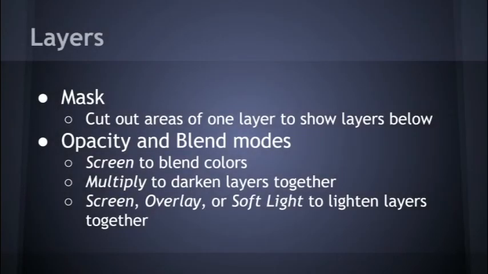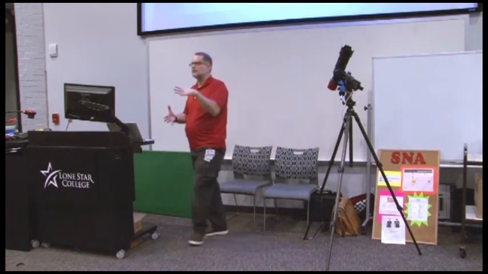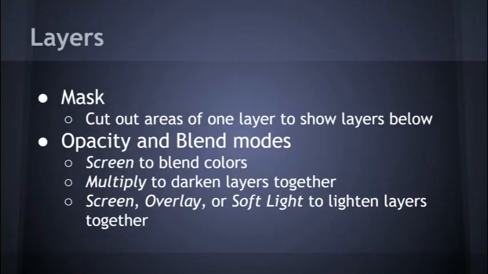So layers also allow us to have blend modes. When we're merging our red, green, and blue back together, we use a thing called screen blend mode. It's like we have a screen and we painted the blue stuff on this screen and then a red and a green, and then we just shine a light through the back of it like a projection screen, and then we can see all the colors.